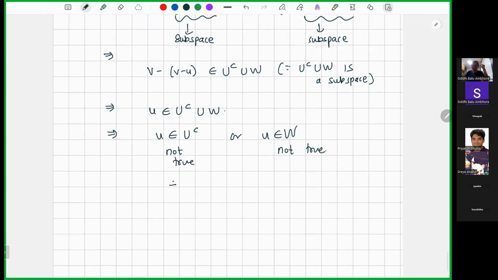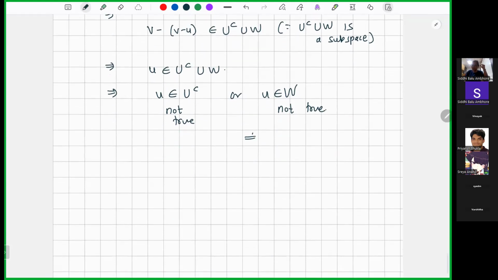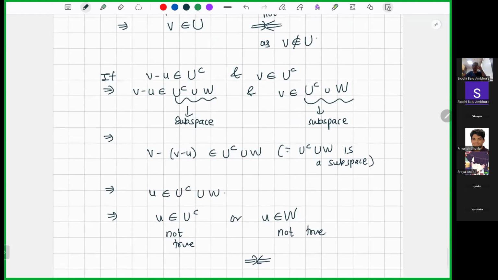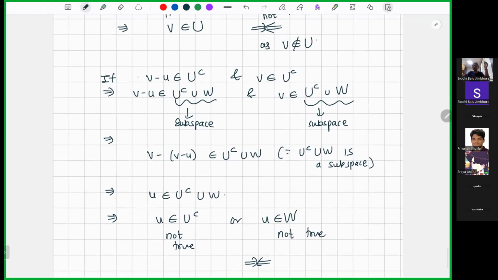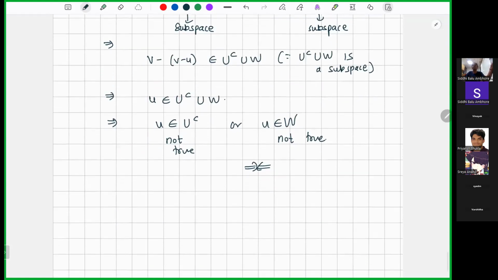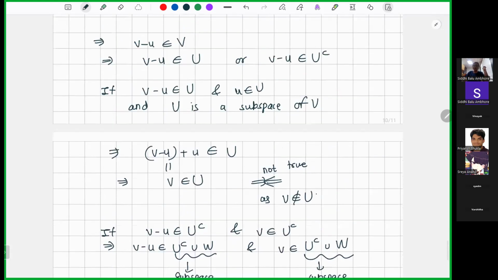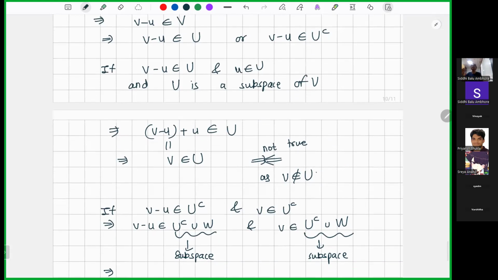So therefore, this is a contradiction, because we started from the given condition that this point must be in U complement union W, and we arrived at U belongs to U complement or U belongs to W, which is not true, since U does not belong to W. But V minus U is an element from my vector space V, yet it is not in U and not in U complement.